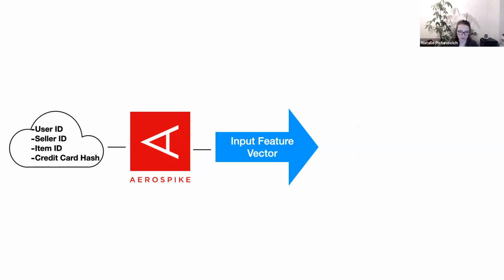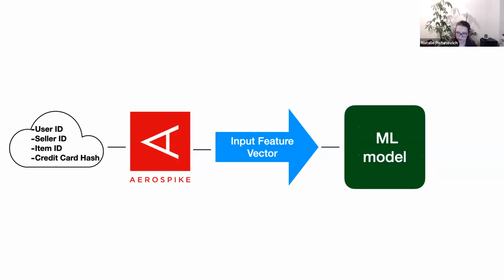So you use Aerospike to get those data points as input and create a very enriched set of information, the input feature vector, which is then fed to the machine learning model. The reason you want to give more information to the model is that it helps you get a more accurate answer. If you have a couple of thousand data points, this is more accurate than if you have 4 data points.